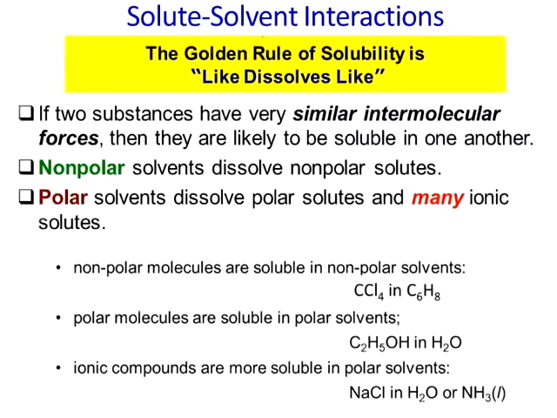And that general rule will hold for most of the materials that you will encounter in freshman chemistry. Polar solvents dissolve polar solutes, and polar solvents also dissolve many ionic solutes. We've talked about the interaction of water, for example, with cations, and water with anions, and with other ionic species.